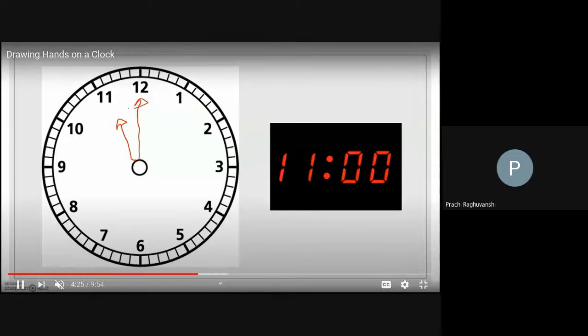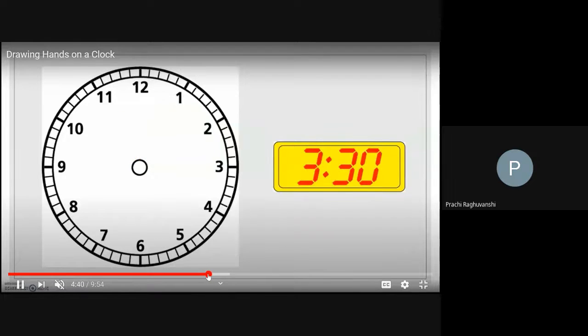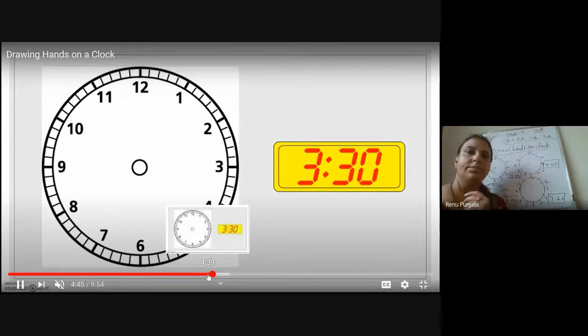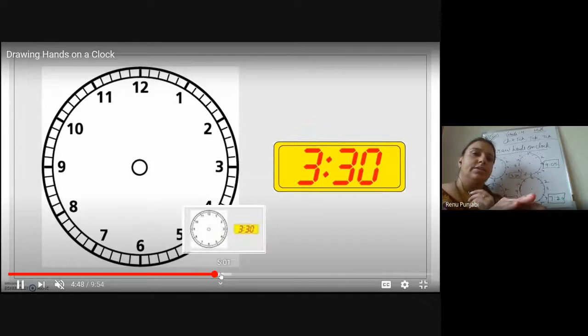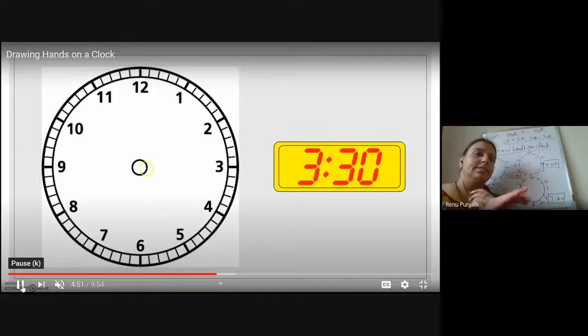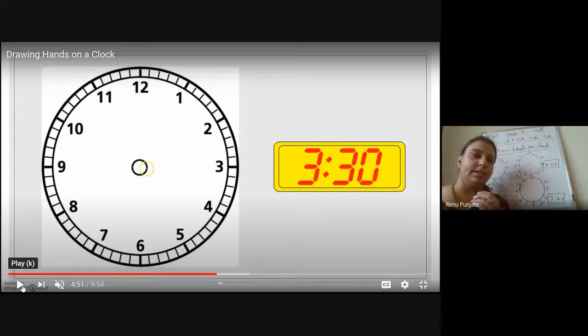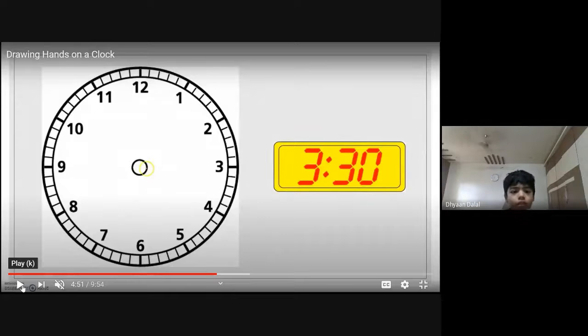Parnika Jain, no more answers in the chat box. So now it's 3:30. Dhyan, tell me where will be the long hand? Ma'am, the long hand will be on 6, and the short hand will be on 3.